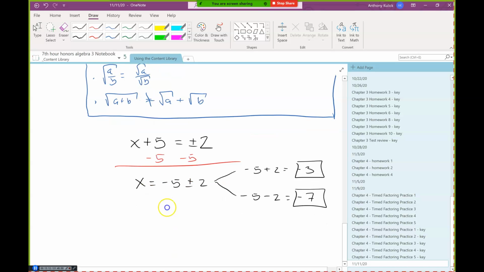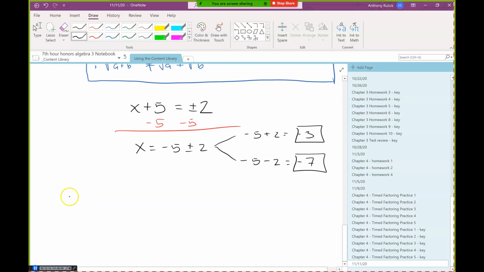Now it's worth pointing out here that there are some vertex form equations that could also be thought of as standard form equations, right? So for example, let's say I have 3x squared plus 3 equals 28. This is still vertex form.